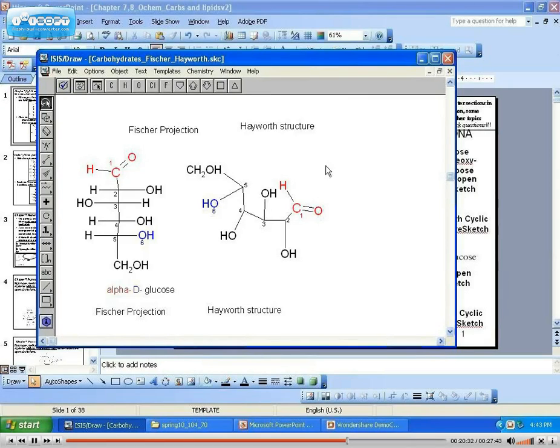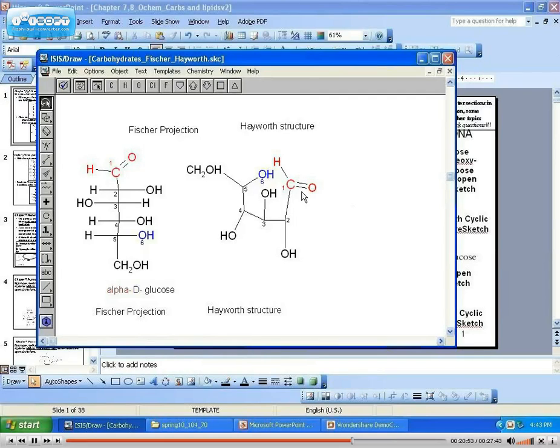Transform. I'm going to bring this up just a bit more. And as I bring this up a little bit more, this alcohol is going to swing over.